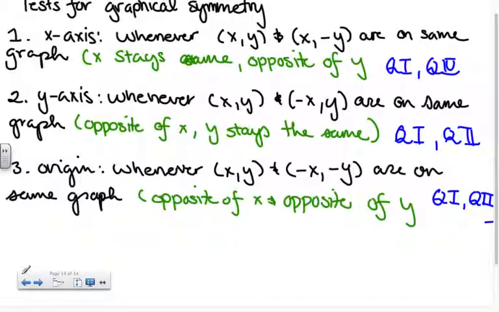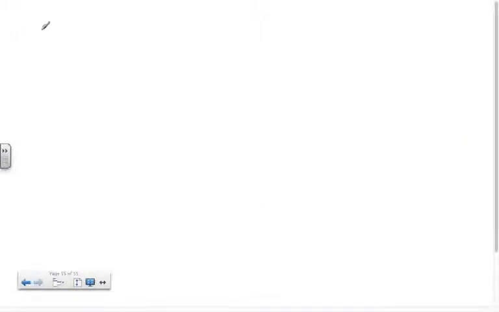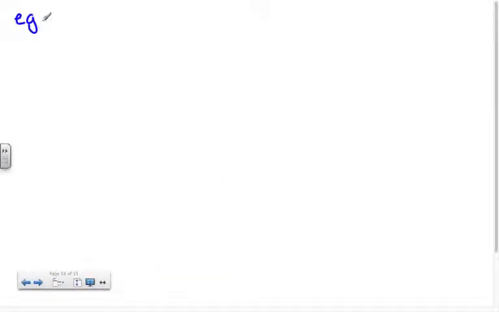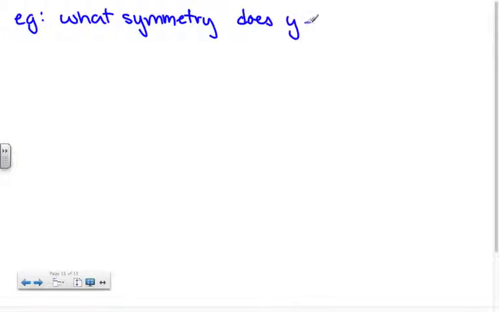And so let's test: what symmetry does the graph y equals x squared minus 3 have, if any symmetry at all? Okay.